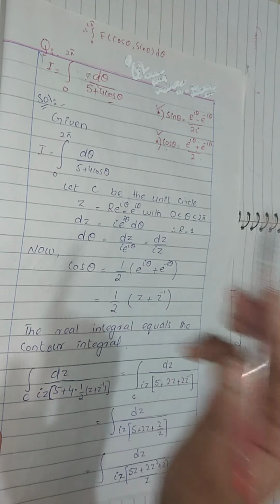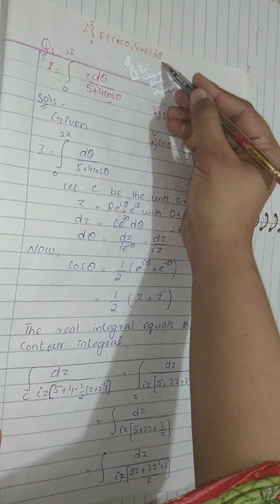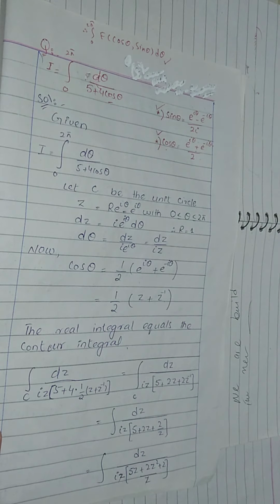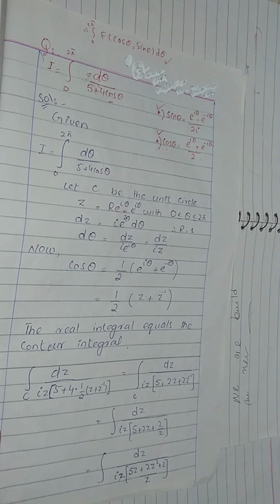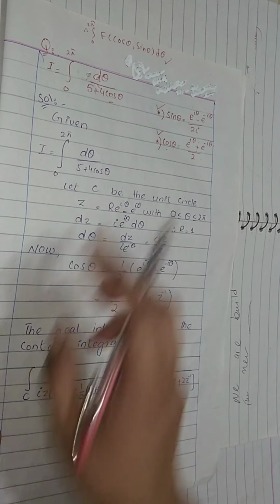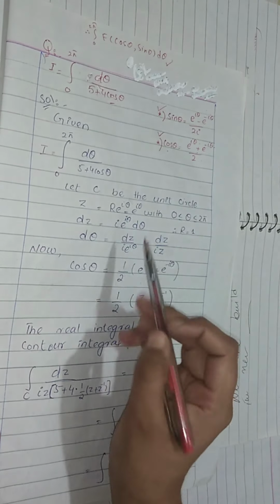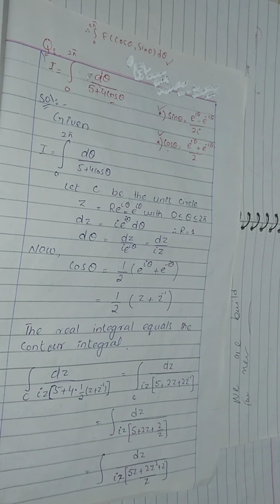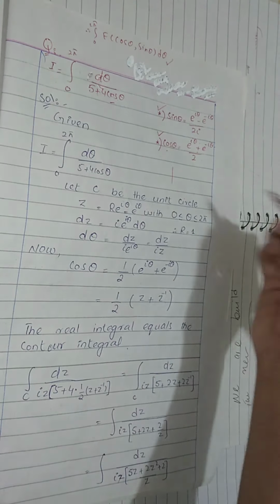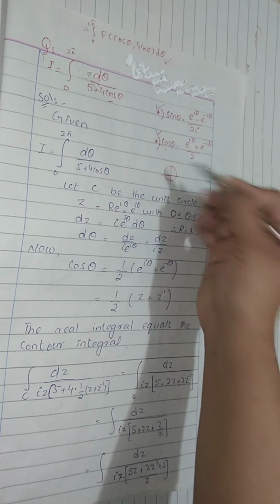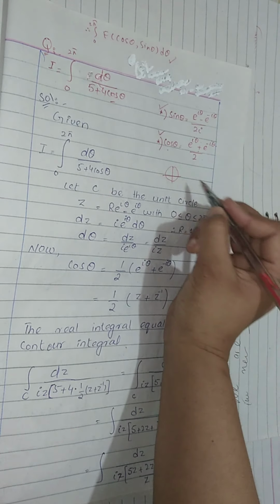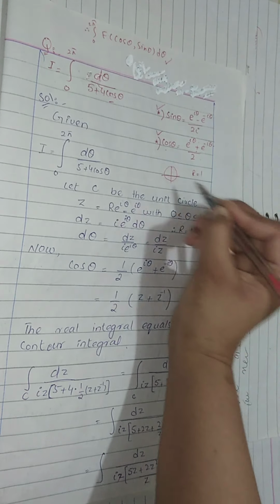When we discuss these types of integrations using contour integration, we discuss them on a unit circle. Unit circle means r is equal to 1.